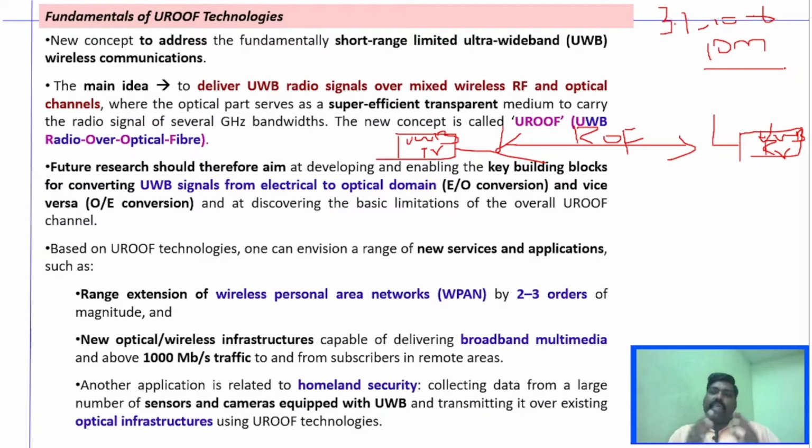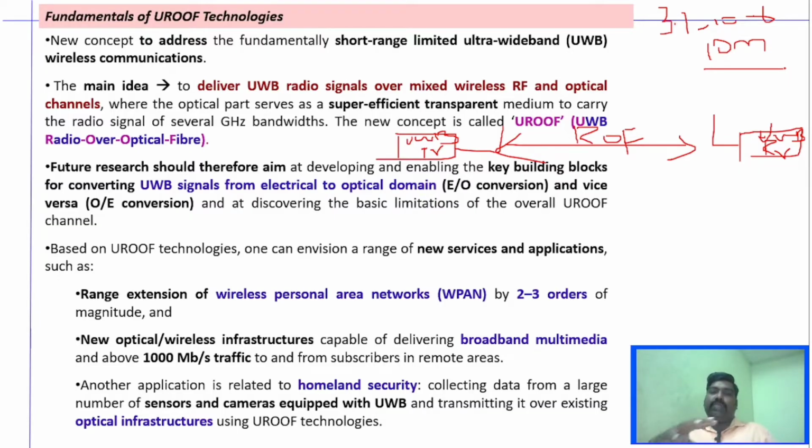And if we extend this UWB to a larger distance, say for example 1000 meters, we can achieve the benefits of UWB technology, that is all these advantages, and similarly we can overcome the drawback of UWB, the limitation; the range can be extended, right? And that too by using ROF, that is, we're going to transmit over optical fiber, right?